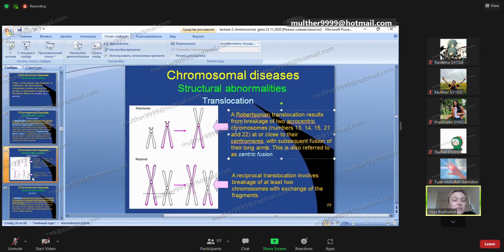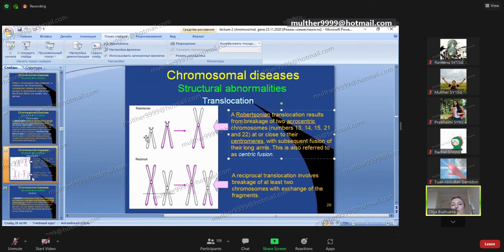Robertsonian translocations are one of the basic mechanisms of structural chromosomal abnormality formation. The short arms of acrocentric chromosomes, as a rule, include so-called ribosomal genes. Ribosomal genes are included in the short arms of all acrocentric chromosomes, and losing these short arms will not have any clinical peculiarities.